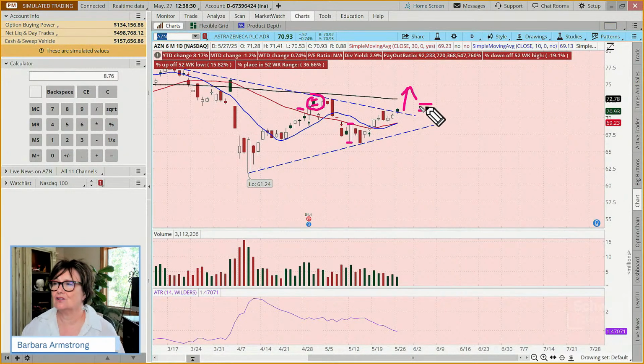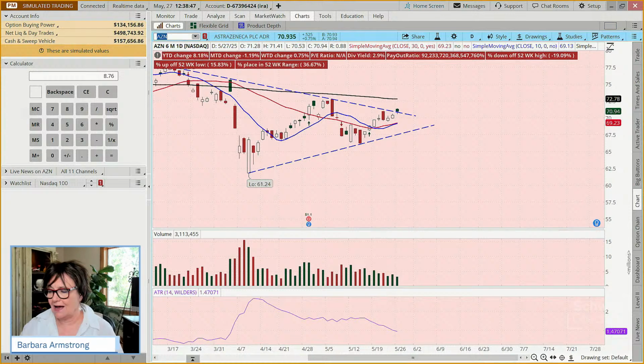And that's why it's the dark green. With that one, you may just want to give it a day, even though we have a breakout of that pattern. You may want to put that on your list and say, I'm going to wait and just see what happens tomorrow. So that's that one. What about INTC?